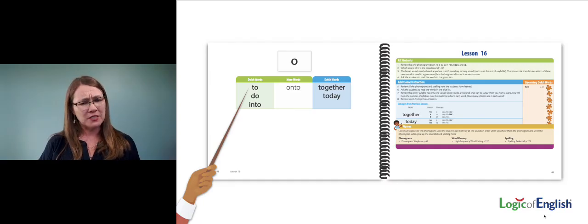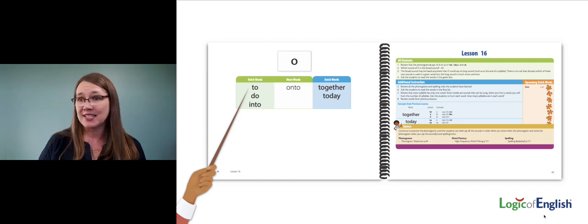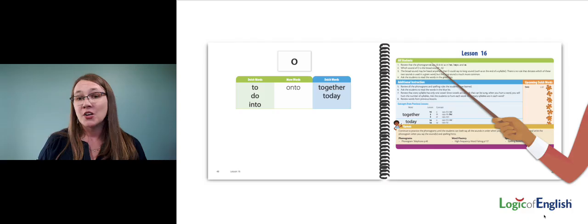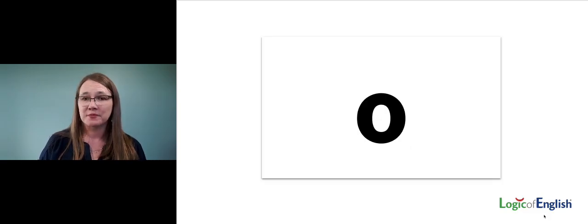Why is that important? Well, remember, the words in the green column use only the concept taught in this lesson plus the first sounds of A through Z. That means everything I need to know is found in lesson 16. So I would teach the section to all students, and then I'd be able to read the words in green.